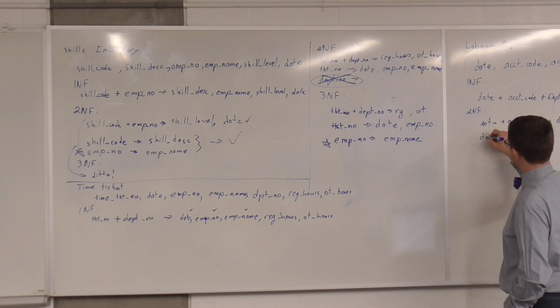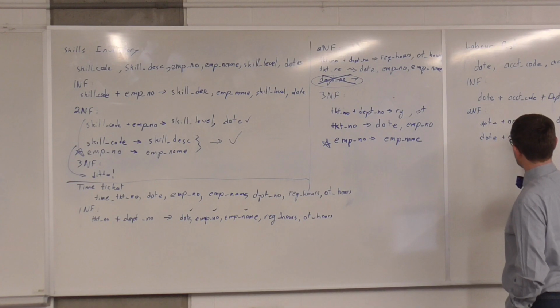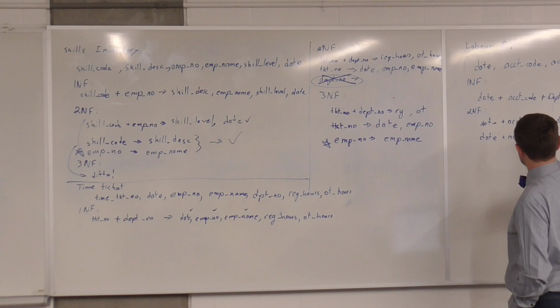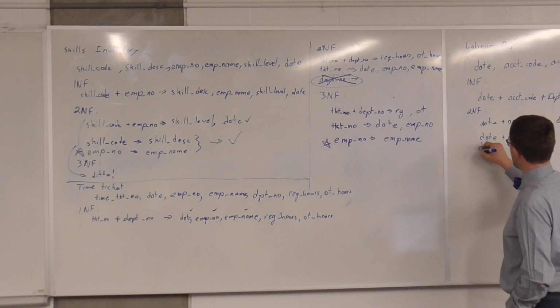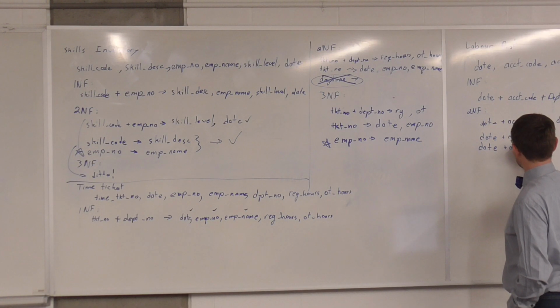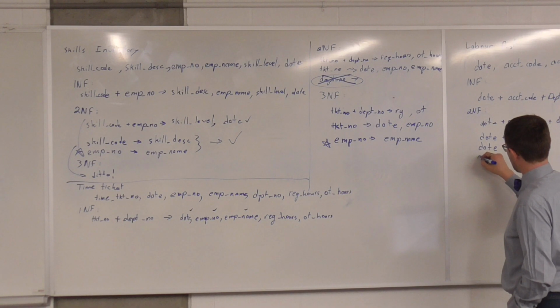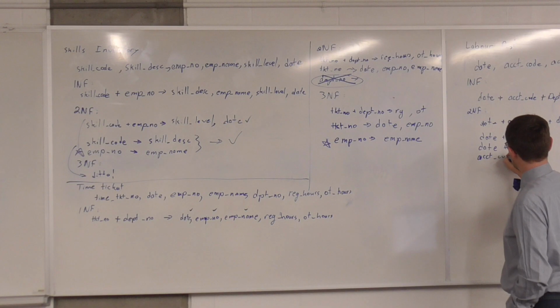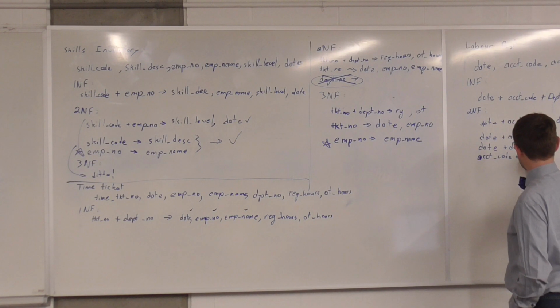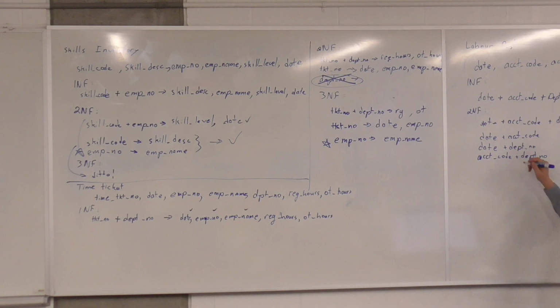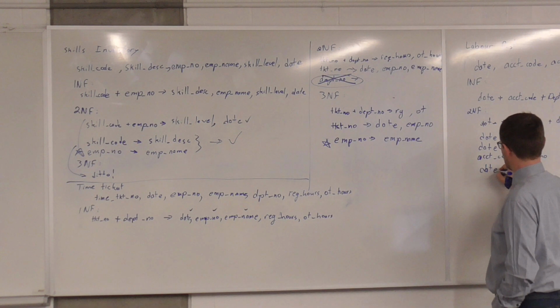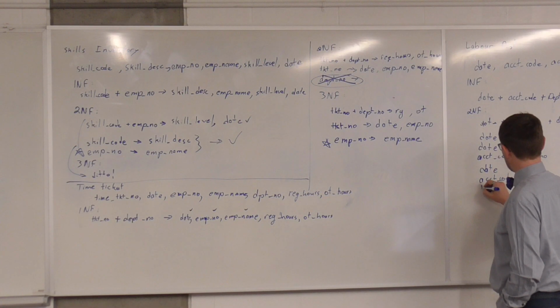We end up with date plus account code, date plus department number, and then we also end up with account code plus department number, and then in addition to date, account code, and department.